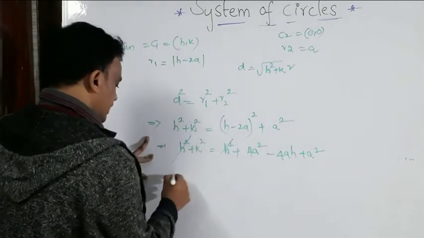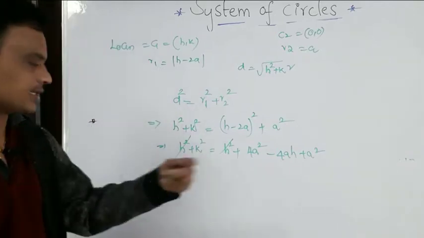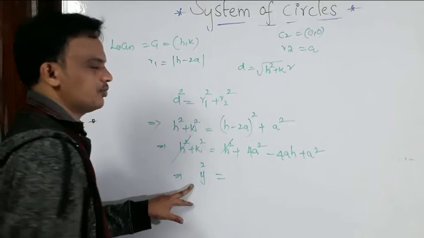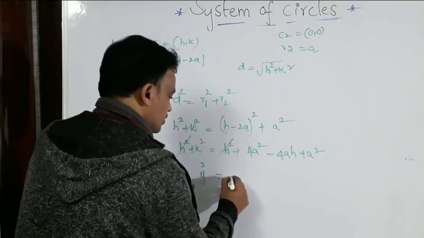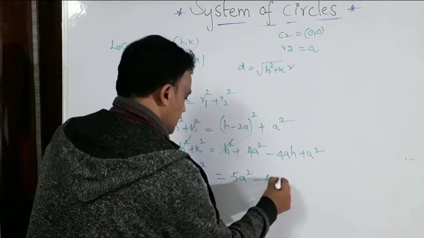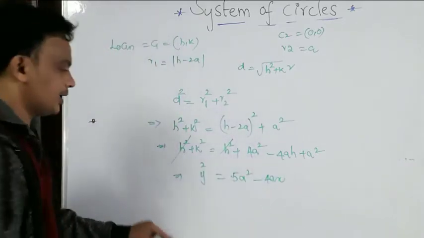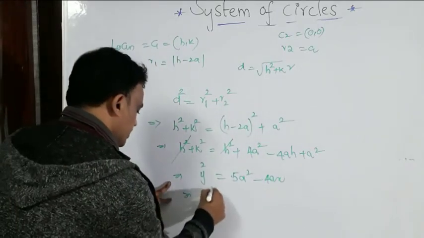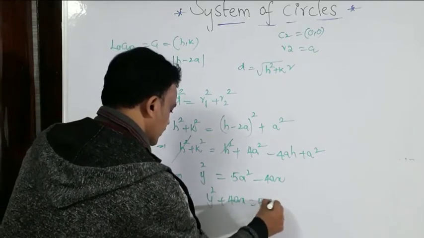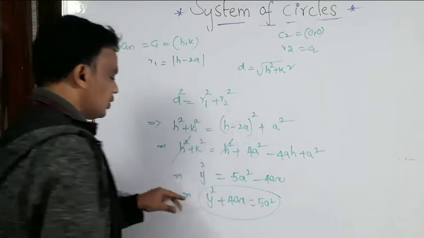So h square gets cancelled. Then what is the locus of h comma k? I can write y square equals 5a square minus 4ax. Next, y square plus 4ax equals 5a square is the locus of the center of the required circle.